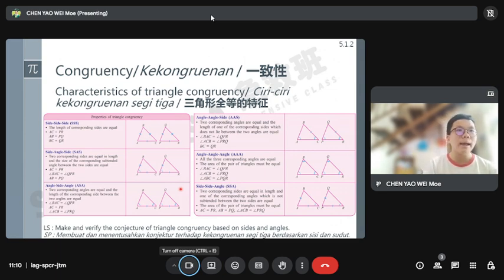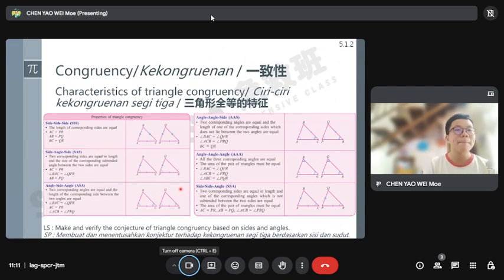Side-angle-side means two corresponding sides are the same, and in the middle they have one angle. One angle is the same as the one beside, but their opposite is not.